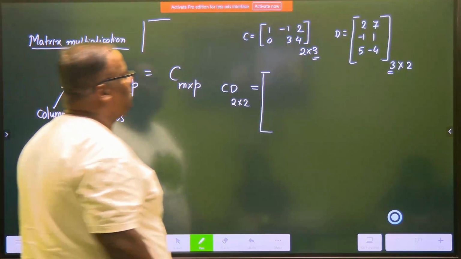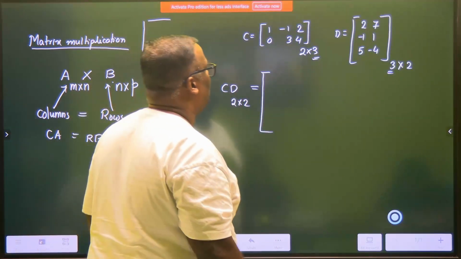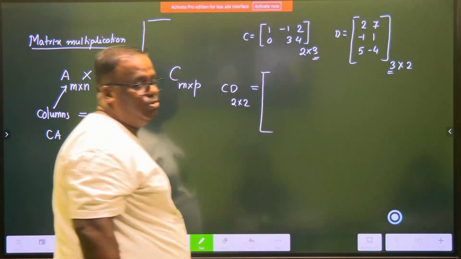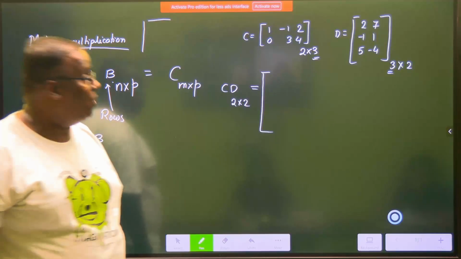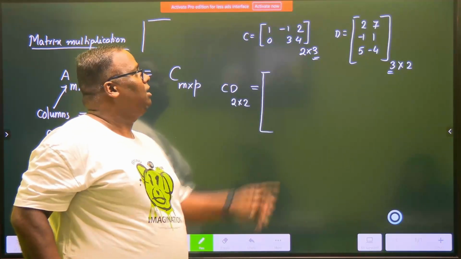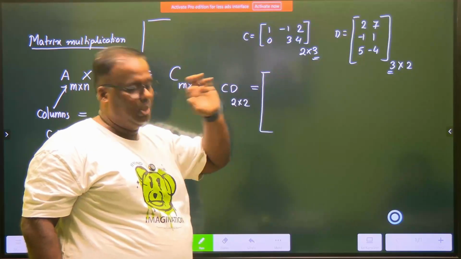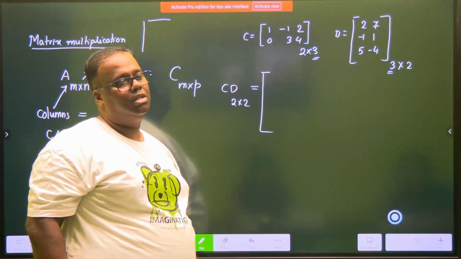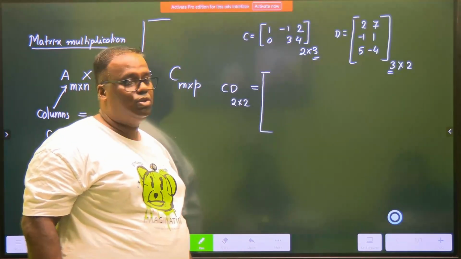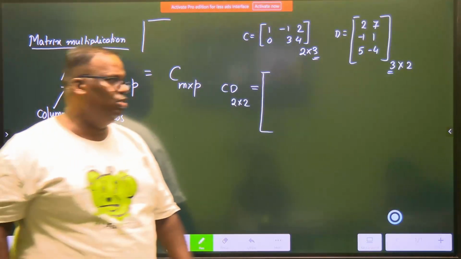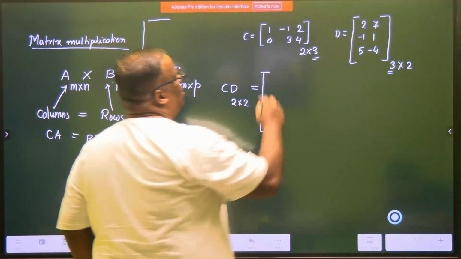We'll first multiply 1 into 2, then, how are you going? You're going in which order? You tell me. The first column of D, for multiplying the first column of D with the first row of C. No issues. So let's do that.